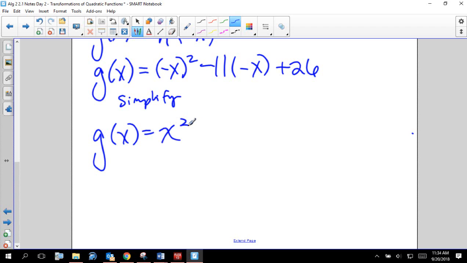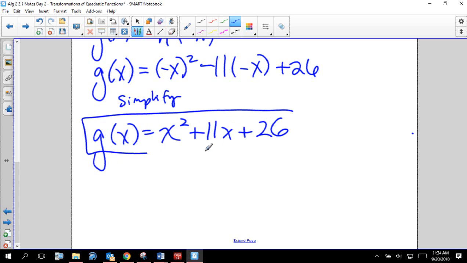And if I do negative 11 times negative x, positive 11x, so plus 11x. And then 26 is still just 26. Yay, done. This one does not say find the vertex. It's not in vertex form either. We'll probably find the vertex though.